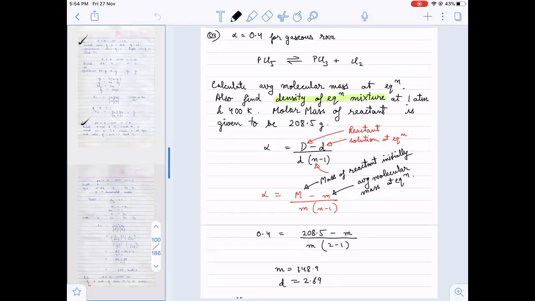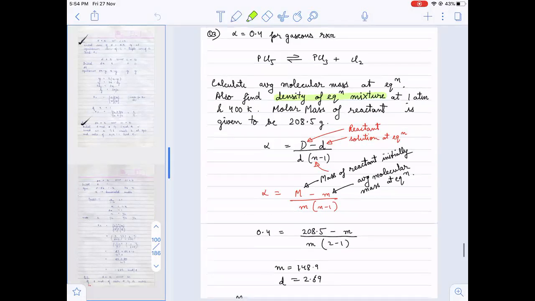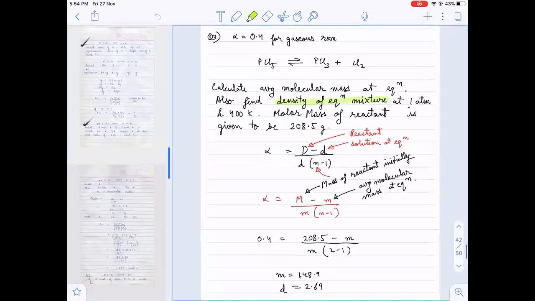I have written the formula in the previous class as well. Let me highlight it for you. This is the formula which we can use.